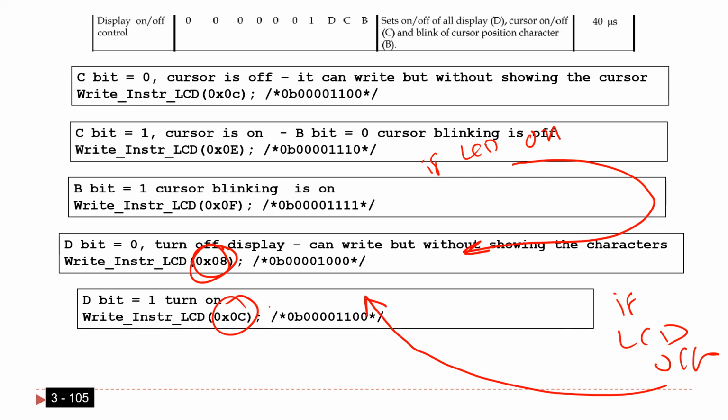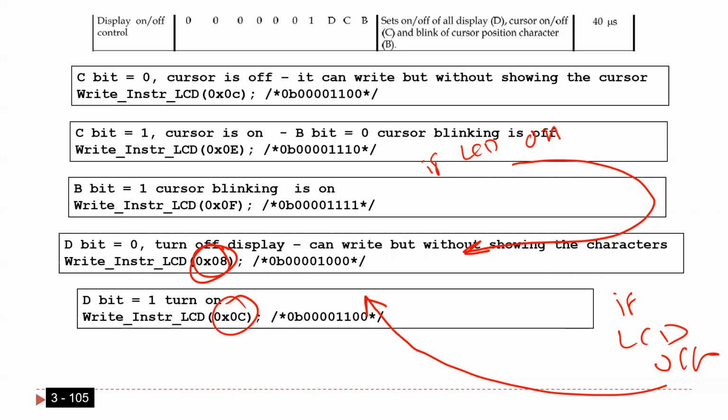Is that okay? Make sense? But the question is that, every time I press the button, if it is on, I will make it off. If it is off, I need to make it on. So the question is that, how I can know if it is on? How can I use the status of the LCD to select which command I have to execute? You got what I'm saying? How can I do that?